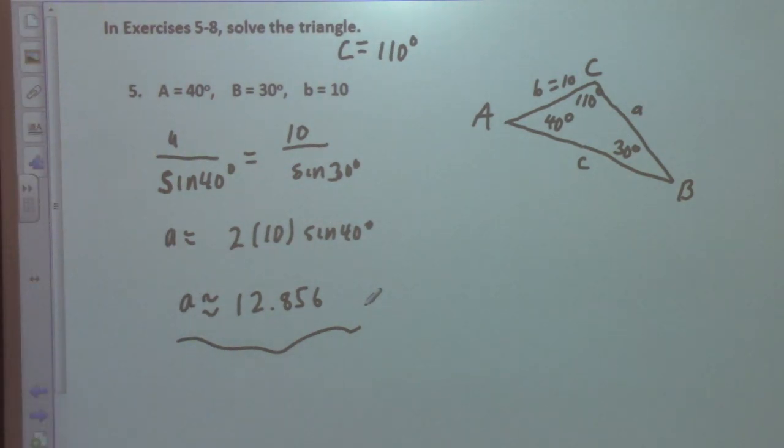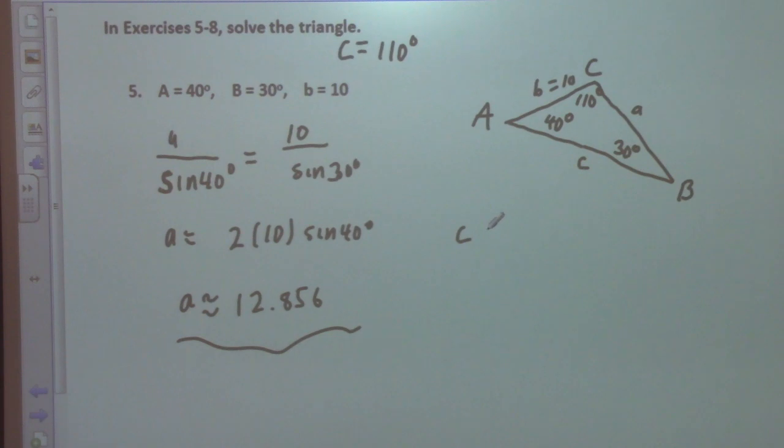Now, unfortunately, most of these problems we work with, starting with the next one, don't have a standard sine of 30 degrees. And the next one we have, we need to find little c, right?